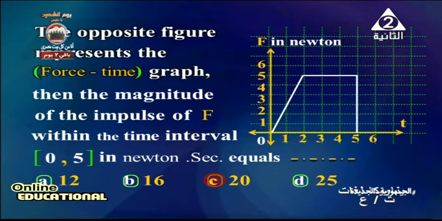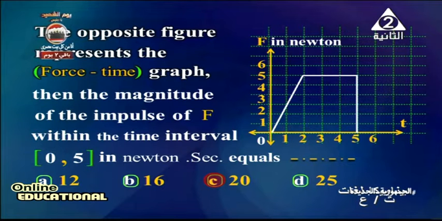And in this case, what is the impulse if the time interval is from 2 to 5? The impulse equals the area under the curve from t equals 2 till t equals 5, which is a rectangle. The area of the rectangle equals length times width.